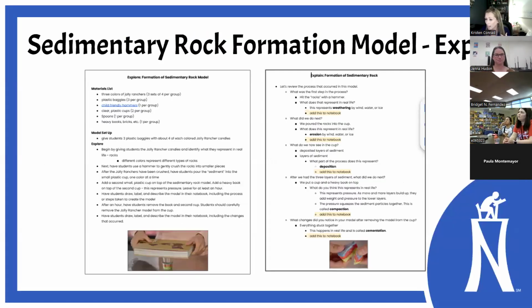Okay, so with that said, I'm going to hand it back over to Jenna, who's going to get back to our models. Yes, so we carried out the Explore previously, where you all used that document to guide us through crushing our Jolly Ranchers, putting them in layers, and then placing our heavy materials on top of it.